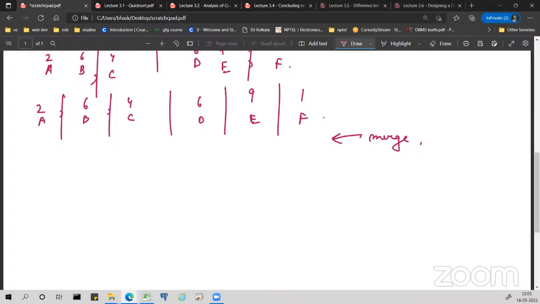Now see what happens. Let's say 2A and 6B I would do. So 2A, 6B is merged. 4C remains 4C over here. 6D and 9E is merged. 1F remains over here. Fine. Now I merge these things.